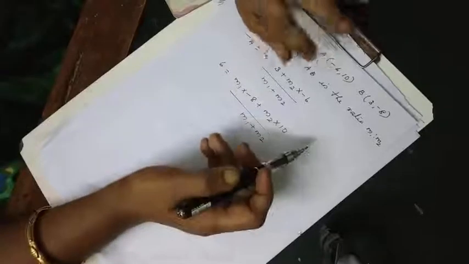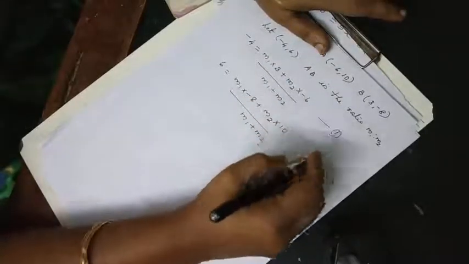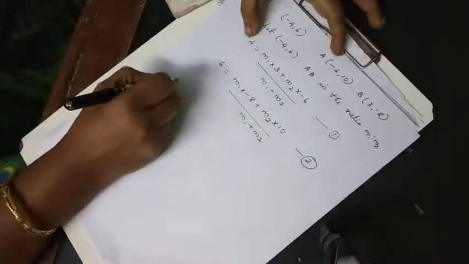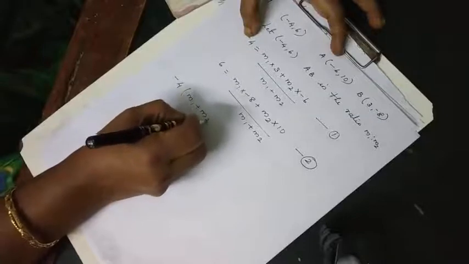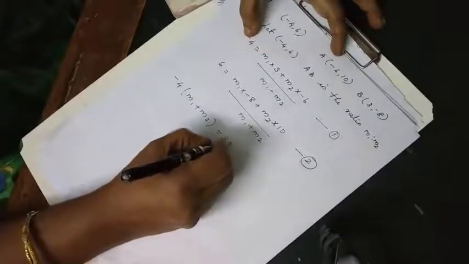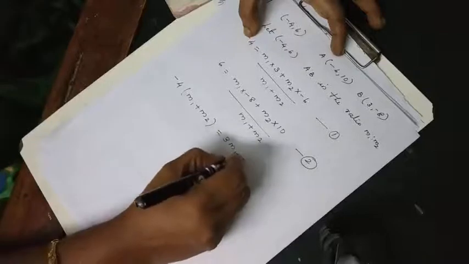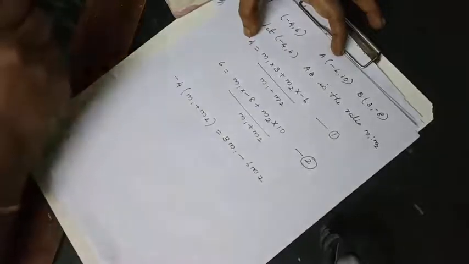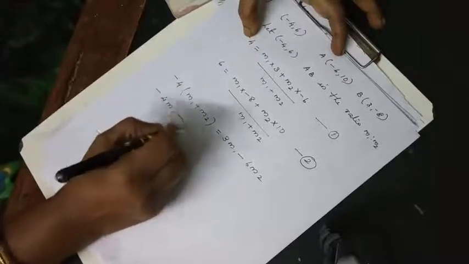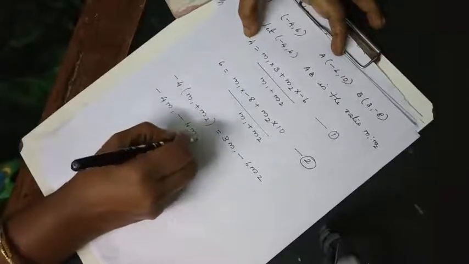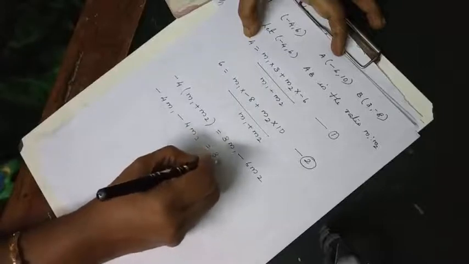Now you can take either equation. If you take the first one, cross multiply: -4 into (m1 plus m2) is equal to 3m1 minus 6m2.